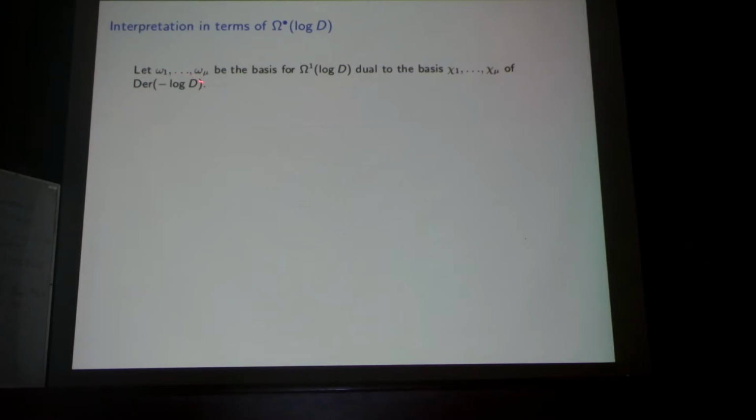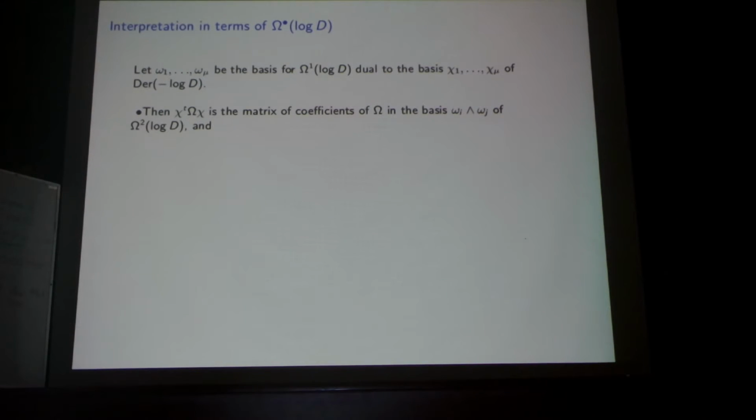Okay, so we take the basis for omega 1 log D dual to the basis chi 1 through chi mu. That means omega i of chi j is delta ij. So omega 1 log D is the dual of Der minus log D, the Hom of Der minus log D into the ring of functions on the base.